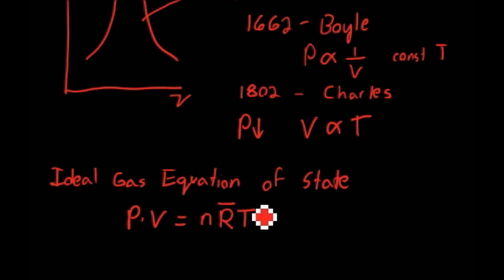As you can see, as your pressure increases, your volume has to decrease so that you maintain the same number over here for a constant temperature, assuming that the quantity that you have remains the same and your ideal gas constant doesn't change, which it doesn't, as long as you have the same substance.